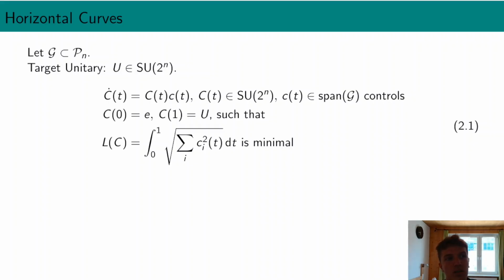And for a sub-Riemannian geodesic, we also impose that the length functional, so the time that it takes to go from the identity to the unitary we want, should be minimal.